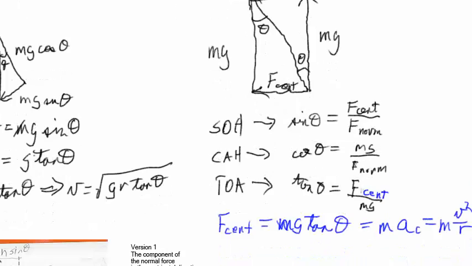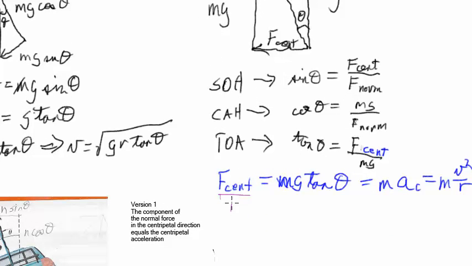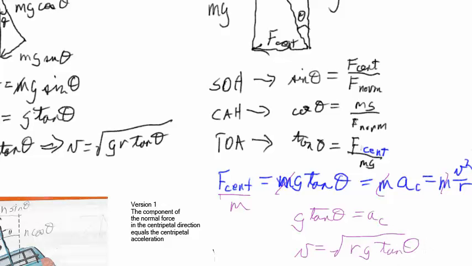Then we'll have g tangent theta equals a centripetal, and v equals the square root of r g tangent theta, which is the same answer we got from version 2.